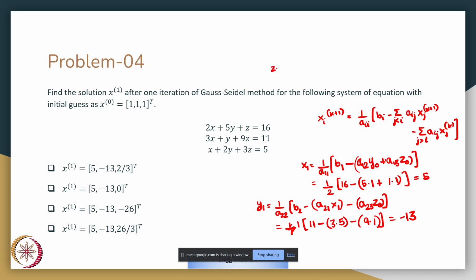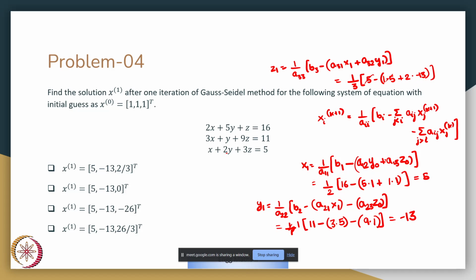So the final variable that we had was the updated value of Z, which would be 1 by A33 times B3 minus A31 X1 plus A32 Y1, which in our case turns out to be 1 by 3 times 5 minus A31 is 1, X1 is 5, plus A32 is 2, Y1 is minus 13.